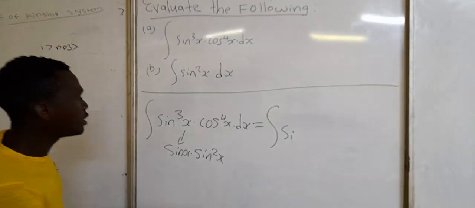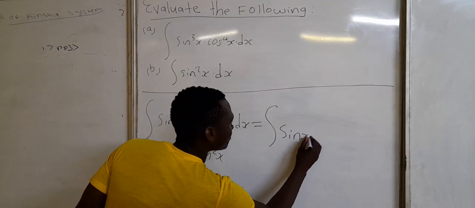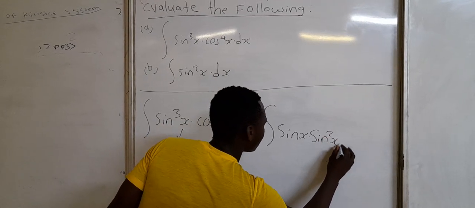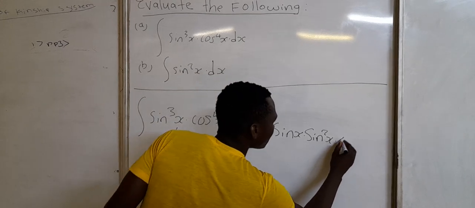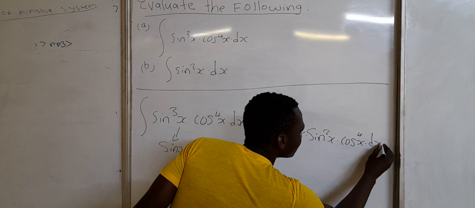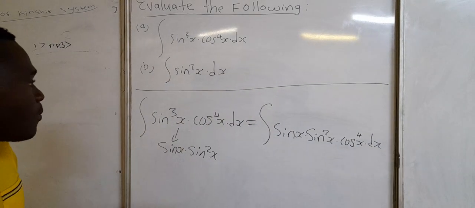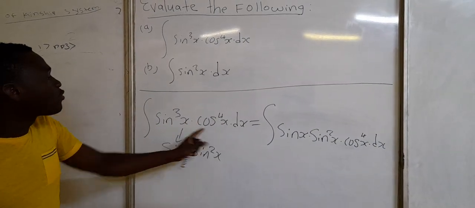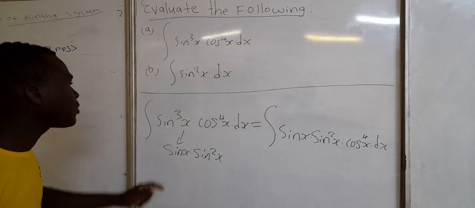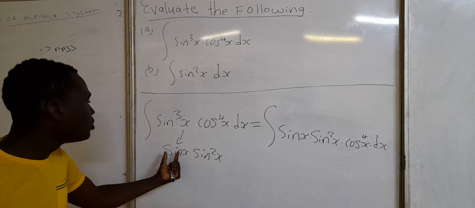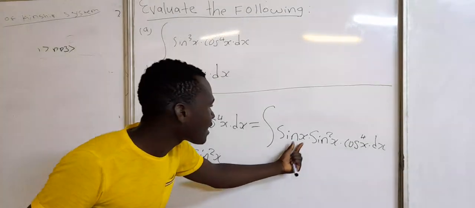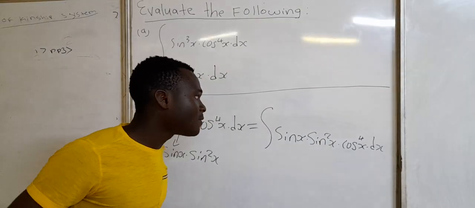We are just splitting it, so it will be sine x times sine square x times cos to the power 4 x dx. That is the first thing that you do. You look for the function that has an odd exponent, then you split it into odd and even. So you can see that sine cube of x becomes sine x times sine square x.